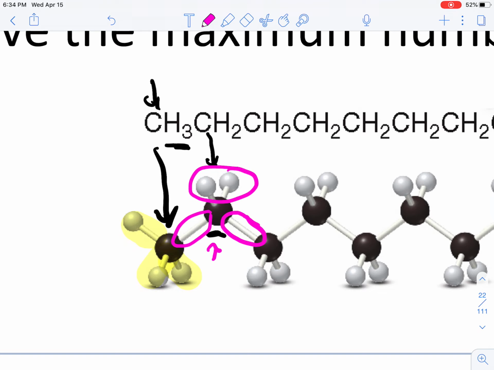Now, if it is unsaturated, that means one of these hydrogens was no longer present. For instance, a heteroatom, such as a nitrogen or oxygen, can take its place. And if a heteroatom takes its place, or if there's a double bond or a triple bond or something like that, then that carbon is unsaturated.